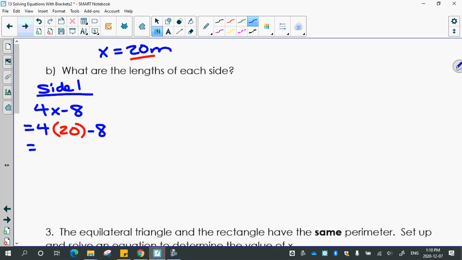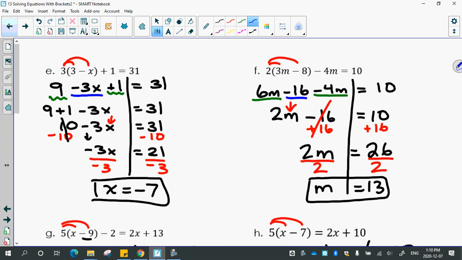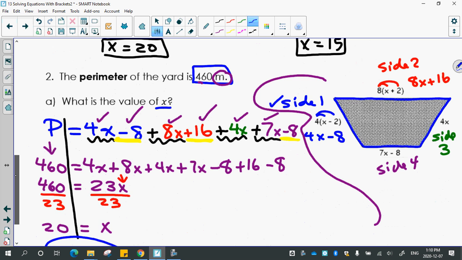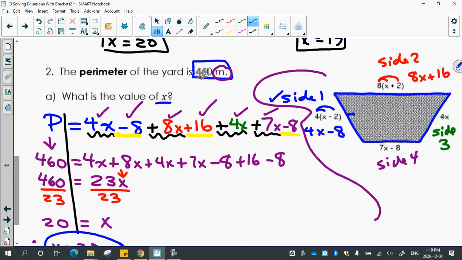So 4 times 20 is 80, minus 8 is 72 meters. So that means that the first side, this one, is 72 meters. So I like to write it in here as I find them, so I know I've done it.